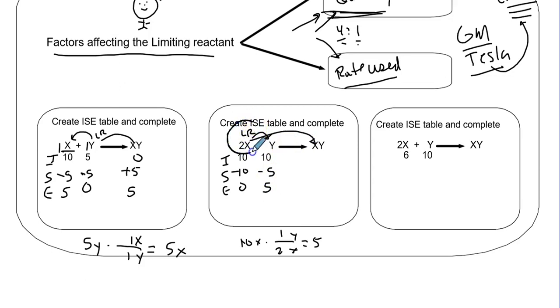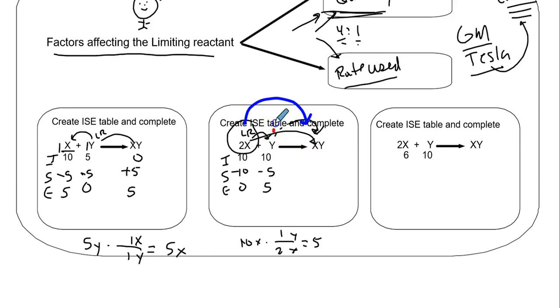Everything's based off the limiting. Jumping from the Y to the X would be like using peanut butter to say how much actual sandwich you're going to get when you don't consume all the peanut butter. So by going from here to here, what that is saying is that if I consume all my X, and I'm going to, how much XY will I get?